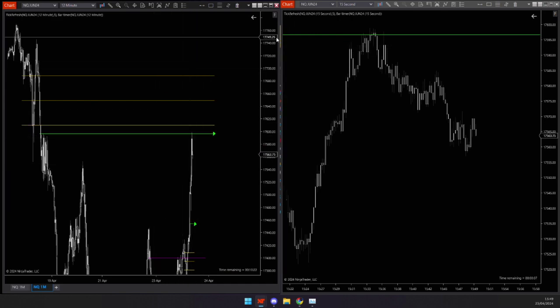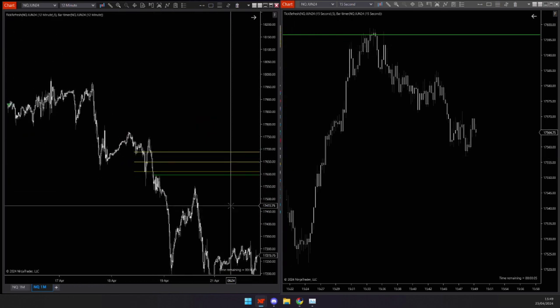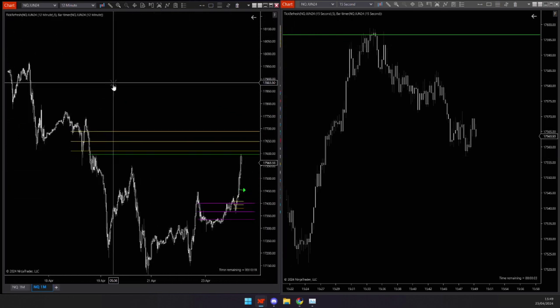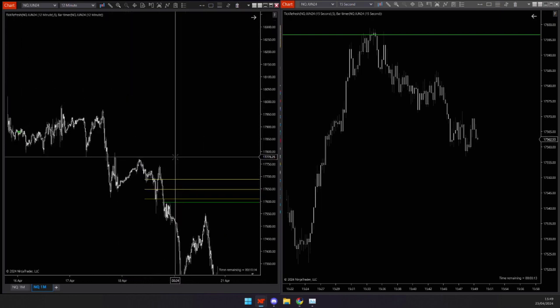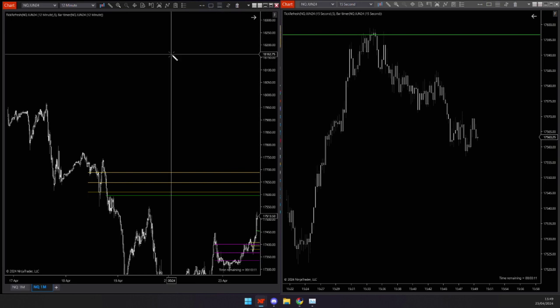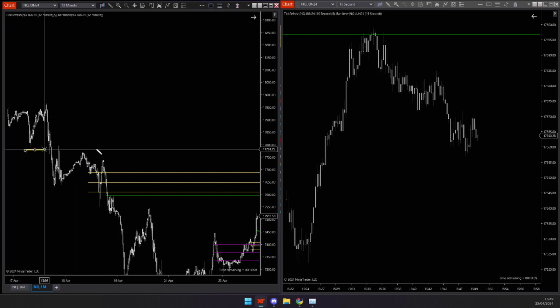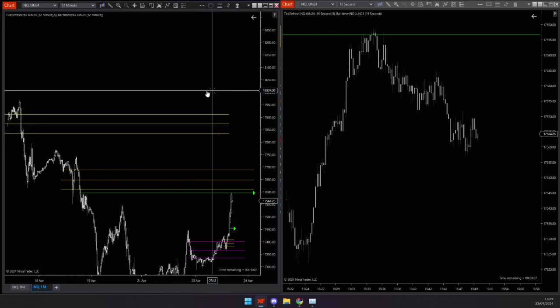So you can see price come up above it. Now, this zone is going to be short-lived. We have a zone just above it.